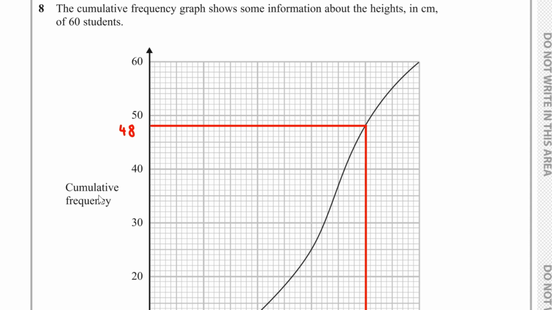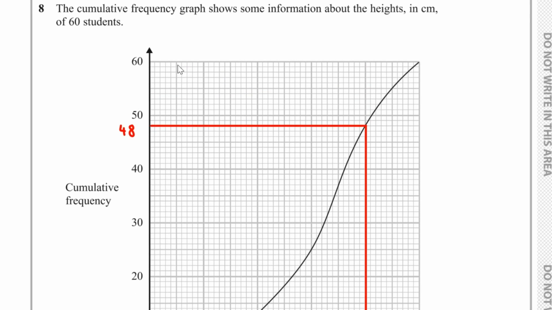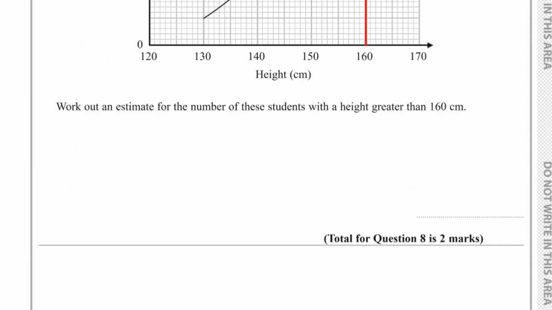So when we come to think about an estimate for the number of students with a height greater than 160 centimeters, we have the value shown by the difference between 60 and 48. So if we work this out, it turns out we get 12. So therefore, we have 12 students as our estimate.